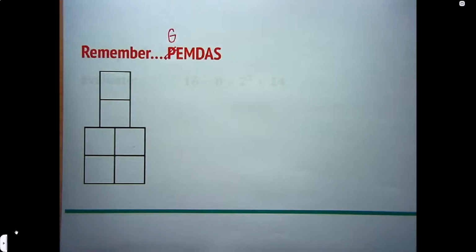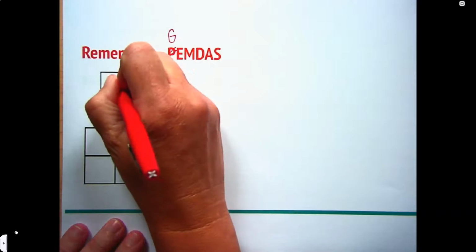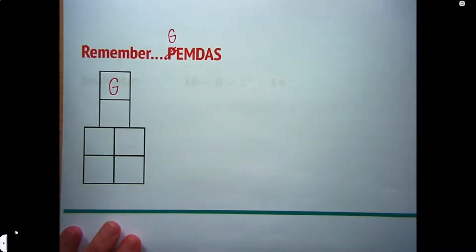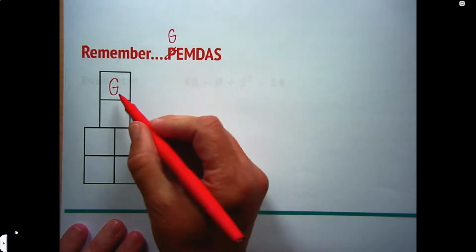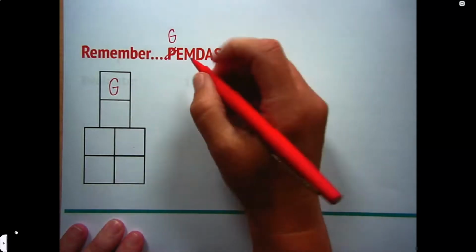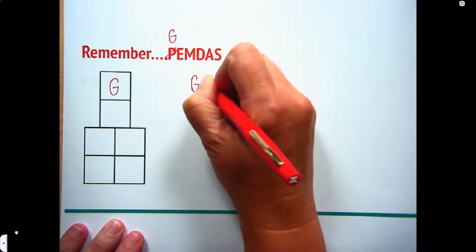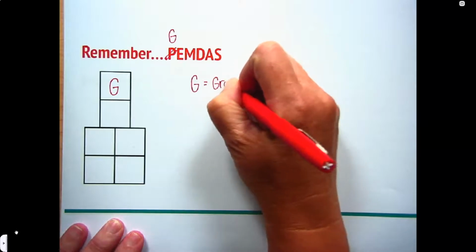Now, here's why we're doing that, okay? So over here in my pyramid, in this top box, I'm going to put that letter G. Okay, parentheses went first. Now G is going to go first. Now, here's why I'm replacing that P with a G. G is going to stand for grouping symbols.